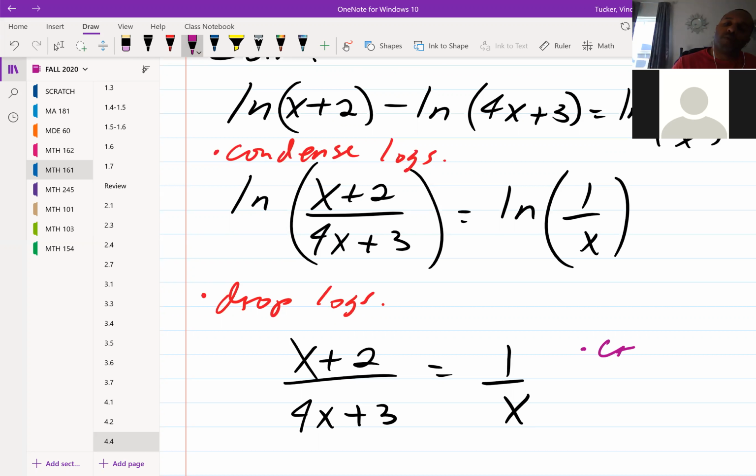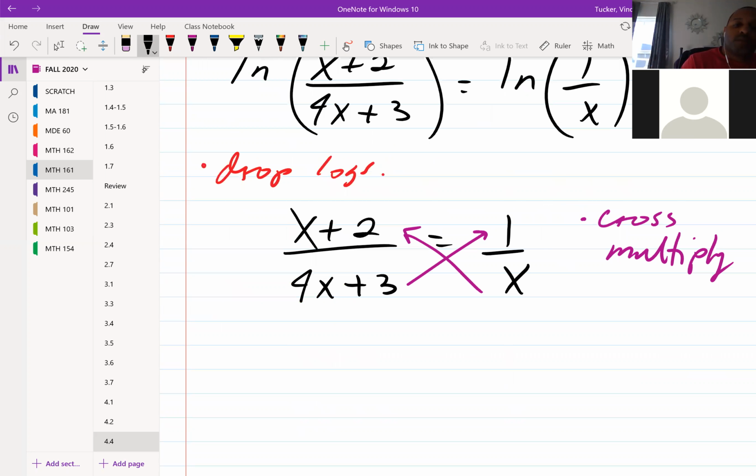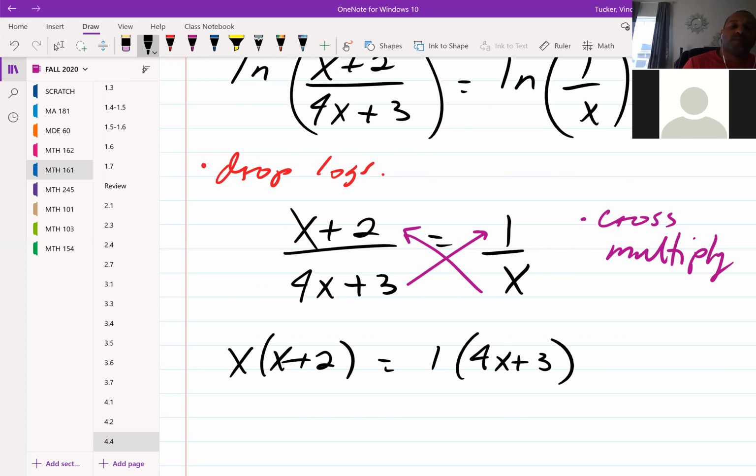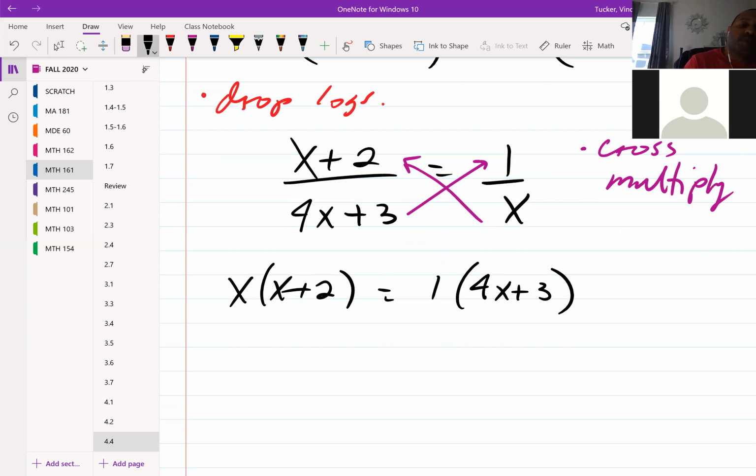All right, so we can cross multiply. It'll be x times x plus 2, 1 times 4x plus 3, x squared plus 2x equal to 4x plus 3.